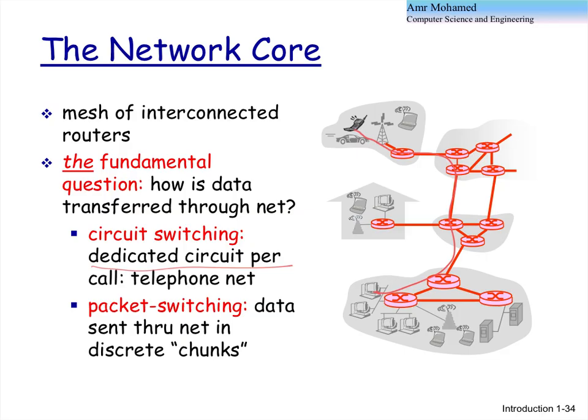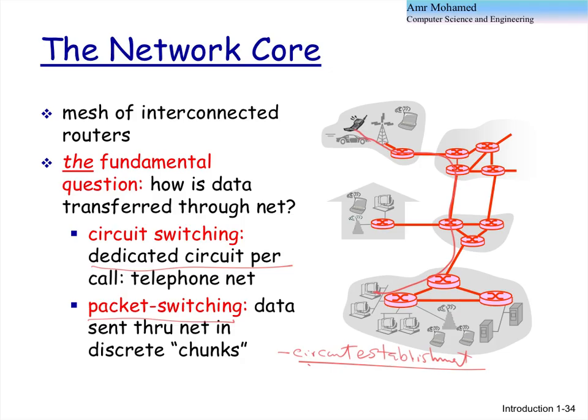Okay? Is it clear? Alright. Packet switching, packet switching I'm not dedicating a circuit anymore. So for circuit switching, first there is a phase called circuit establishment. That's an overhead that I have to go through. I have to dial a number and you have to accept.